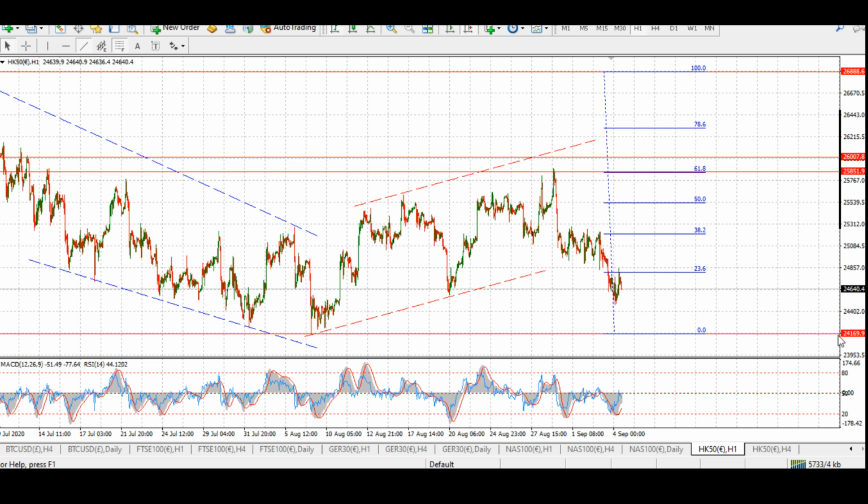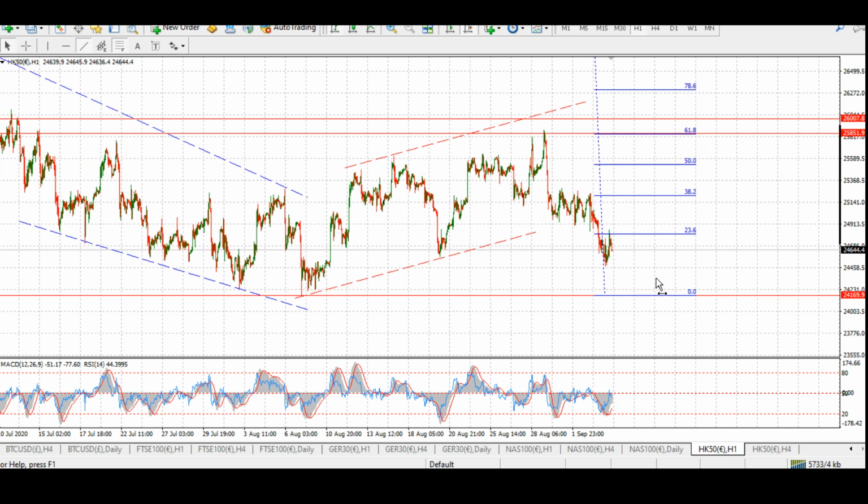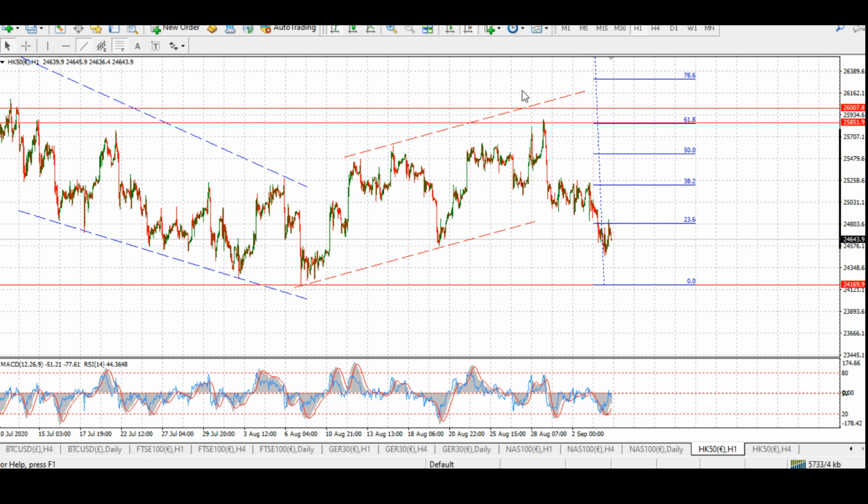And if we break that early August low of 24,160 again, then we are looking pretty solidly at a possible third wave decline. So that could be wave 1, 2, and the beginning of a third wave down.